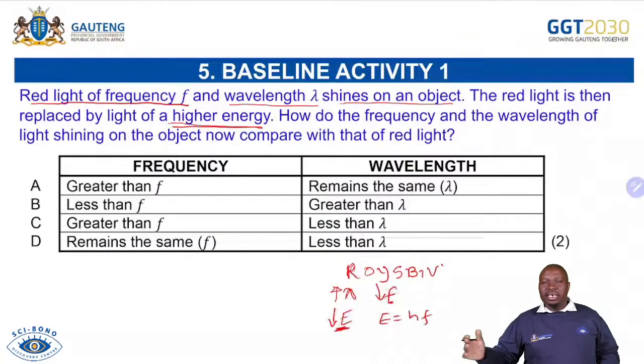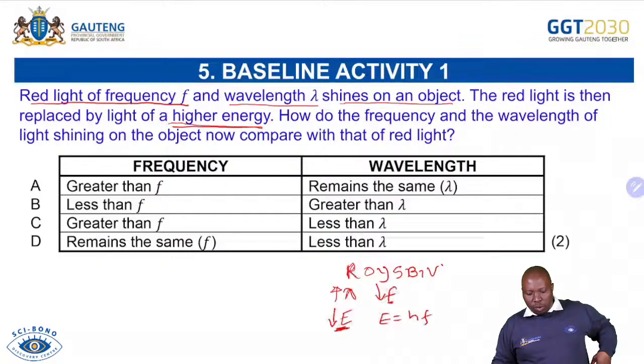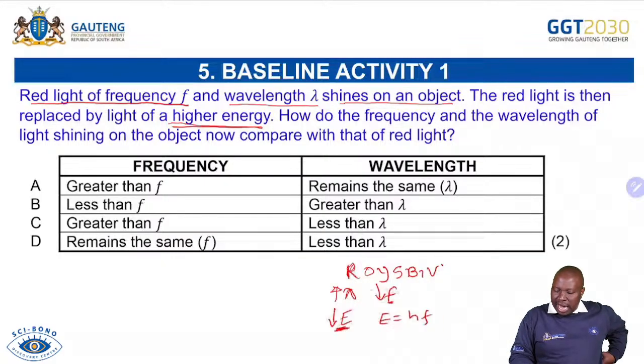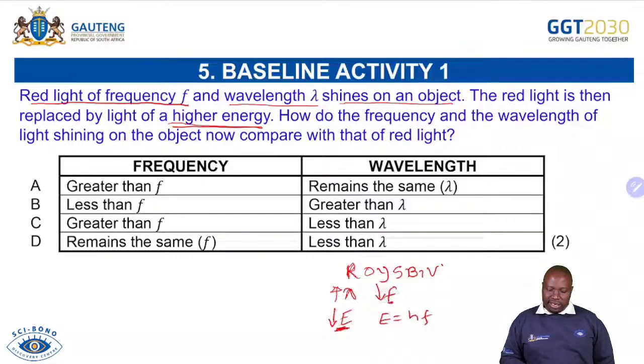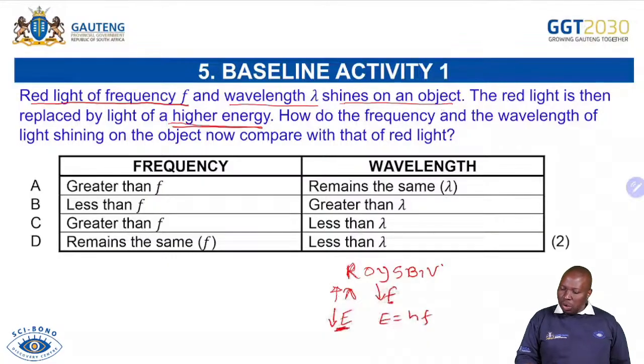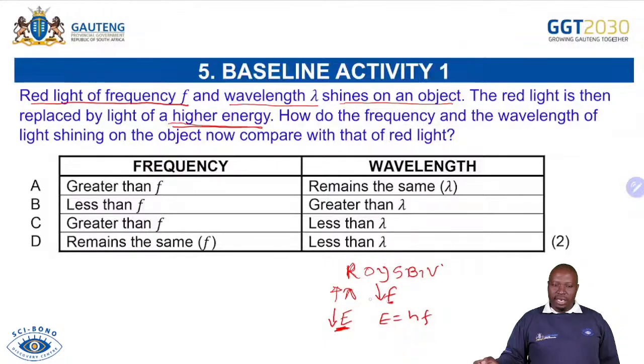As you move to the right, the energy is increasing, because red has the lowest frequency, which means it has the highest wavelength. Now they are saying the red light is replaced, and you can replace it with any color of your choice. But immediately when you move that way, the wavelength is decreasing while the frequency is increasing.